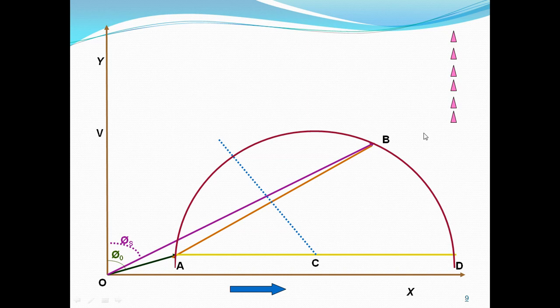After drawing this, from point A and point B, draw vertical lines parallel to the y-axis, like this. From A, that is AH, from B, that is BE. This line from B cuts the AD line at point F.